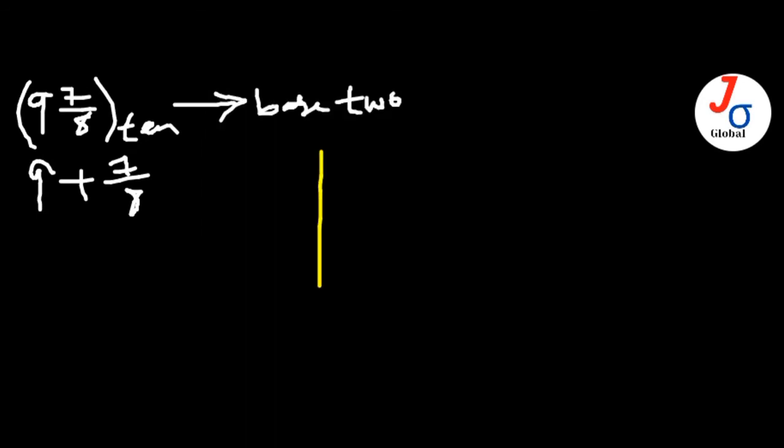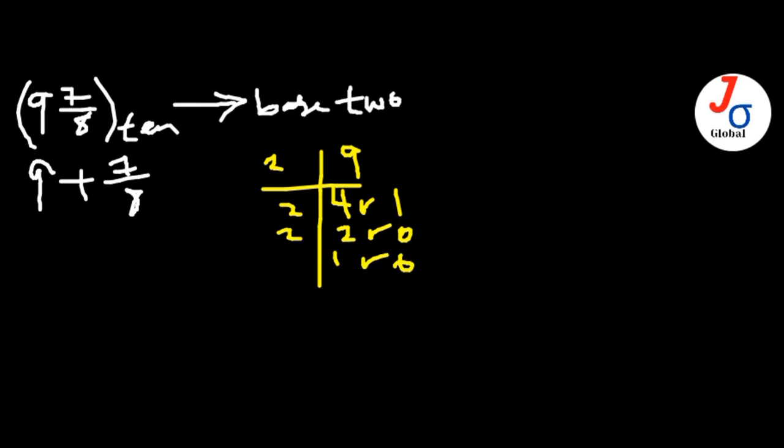So I'm going to start with 9. Let's convert 9 to base 2. 9 divided by 2, you have 4, remainder 1. Then 4 divided by 2, you have 2, remainder 0. And then 2 divided by 2, you have 1, remainder 0. And 1 divided by 2, you have 0, which is impossible, remainder this guy here, 1.